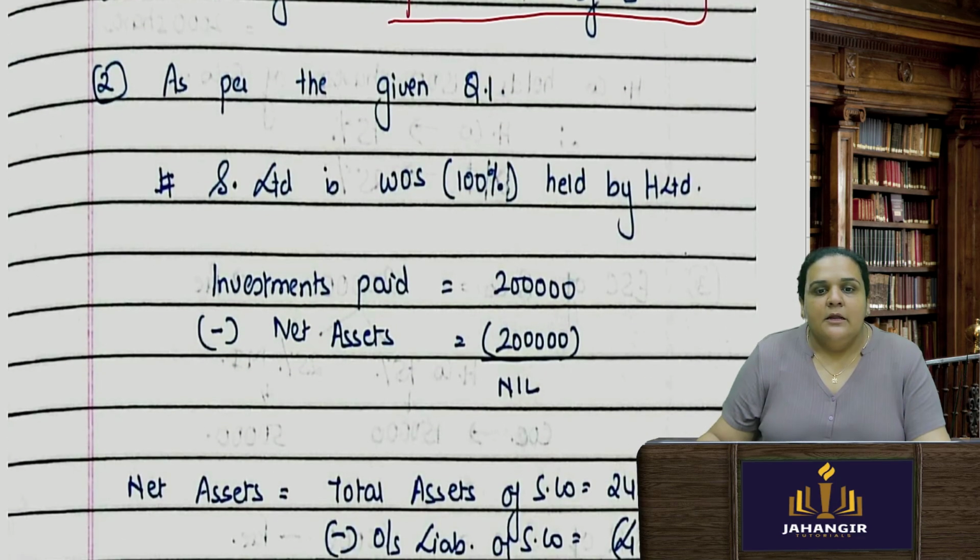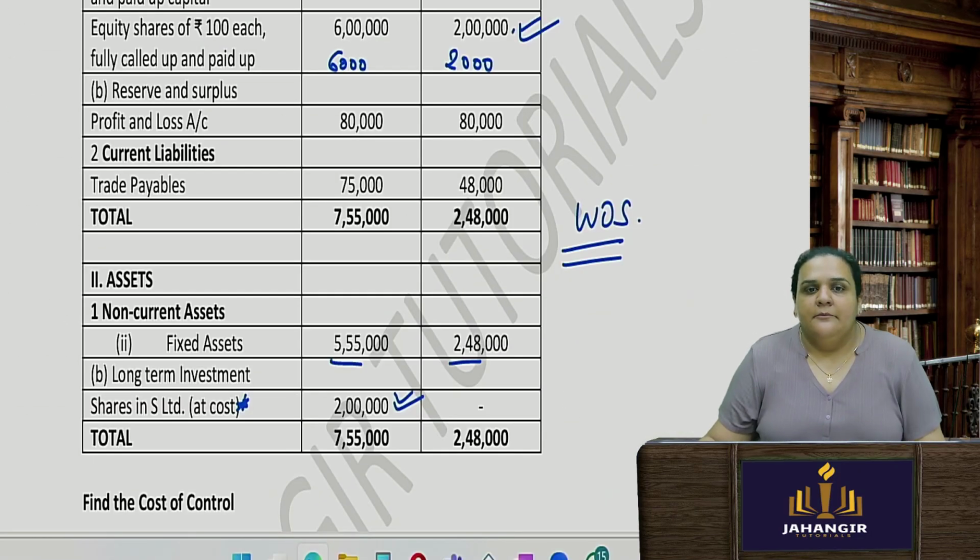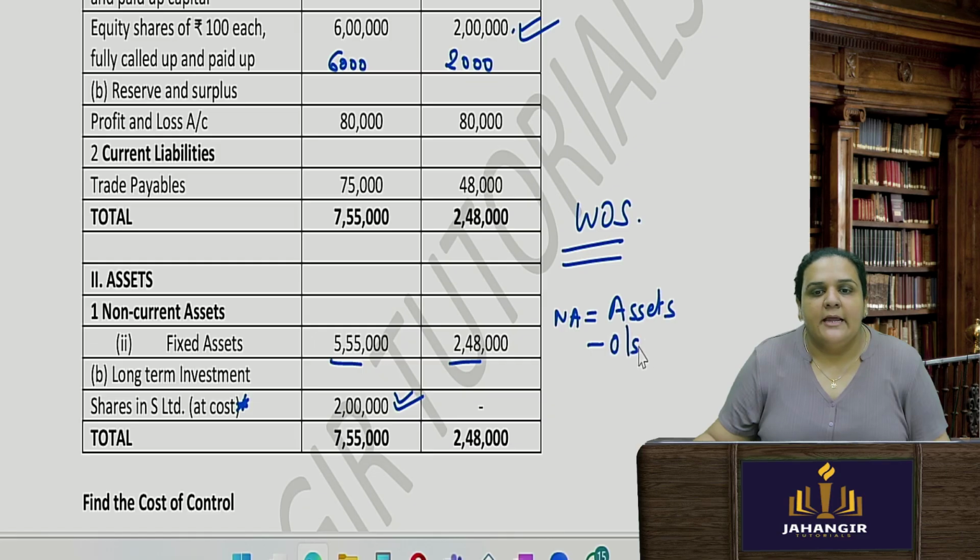Now net assets of the subsidiary company, how will I get it? Net assets means assets minus outside liabilities. Net assets is nothing but assets minus outside liabilities. That will give you your net assets.